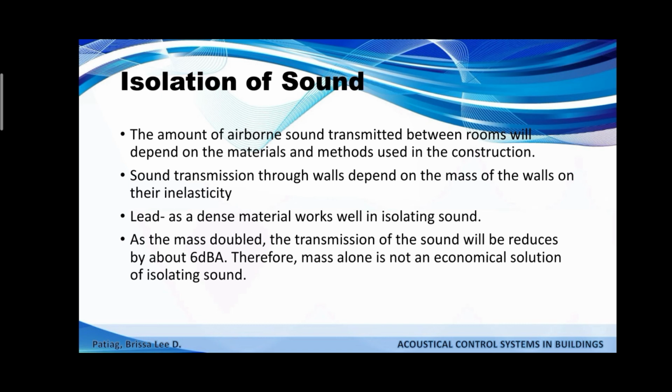So, blanket sound insulation naman is ito yung ginagamit to cover up walls to also help the insulation of the sound. Slightly more effective is the building of 2 separate walls with no structural connections between them.